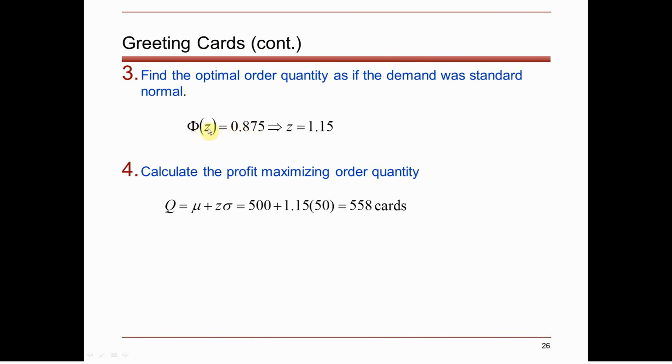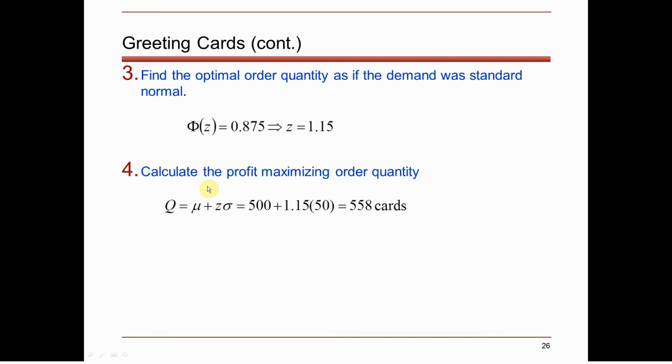To look at the Z value for 0.875, you invert this, which gives a Z value of 1.15. Again, we expect this Z value to be greater than 0, because the service level is greater than 0.5. So in other words, we'd expect this to be positive, because our service level is greater than 50%.